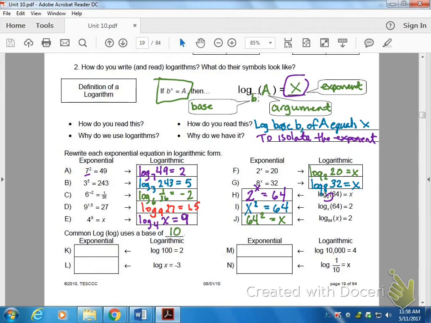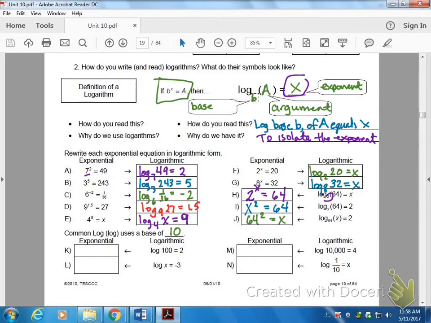And 95% of the time, if you see a log of base 10, they will not show the base. Remember how we had square roots and that index of 2, they don't show us, right? We just assume it. So if you see a log that doesn't have a base, you will automatically assume it is base 10. These are the logs that you can put into the calculator.